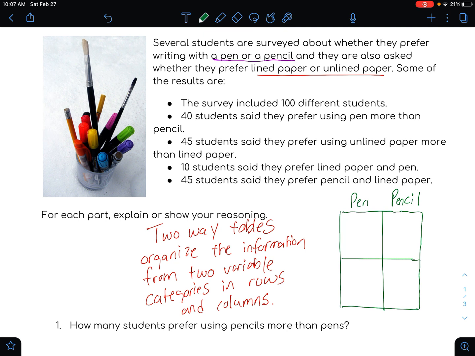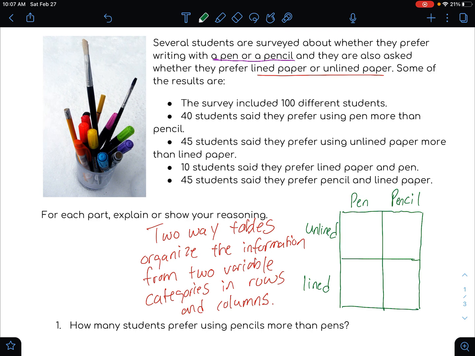And then the other category is what they prefer to write on: unlined paper or lined paper. So unlined or lined. Those are really the two variables, and organizing them into rows and columns can be helpful. So this is what a two-way table looks like.